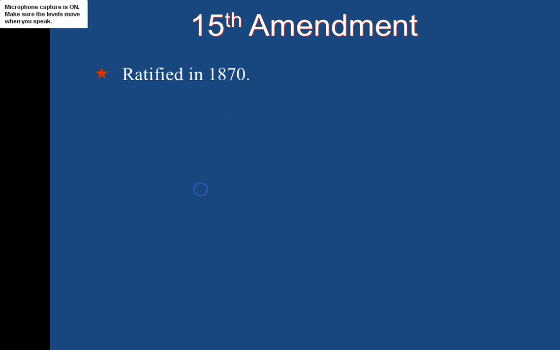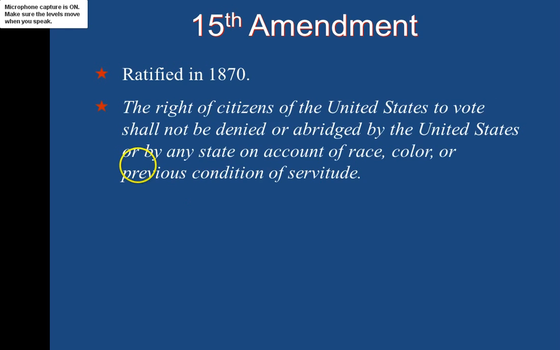The 15th Amendment is probably one of the most important ones, and this is the one that gives African Americans the right to vote. As you can see, the text of the bill is right here. But this has an ulterior motive by Republican politicians who are in power to make sure that, in some ways, the African Americans vote Republican, because no African American in their right mind in those days would vote Democratic, because Democrats are the party of segregation and the party of Jim Crow and the party of black codes and the party of the South.